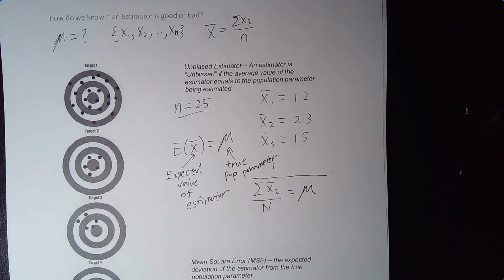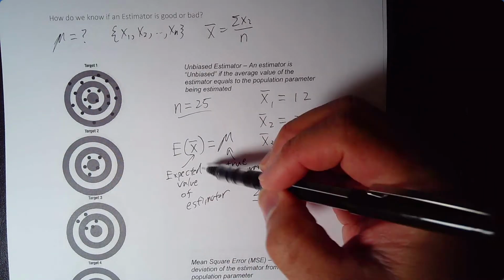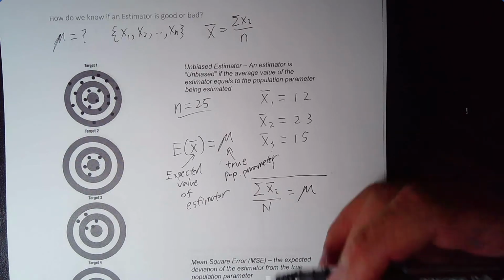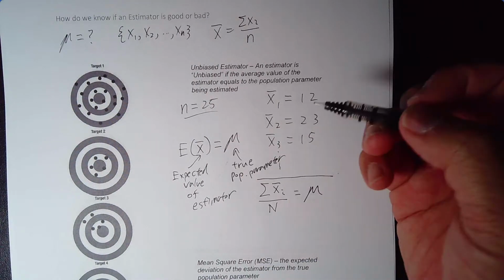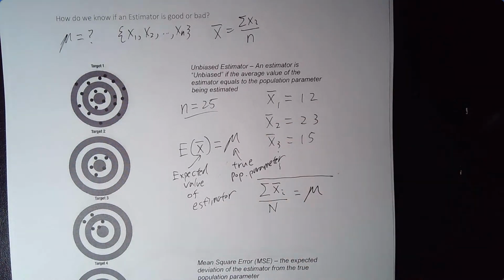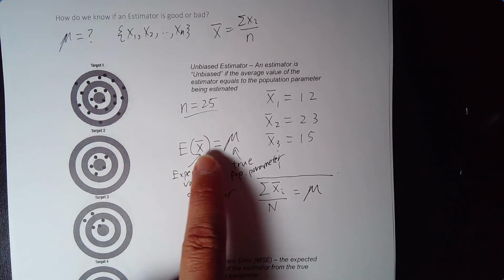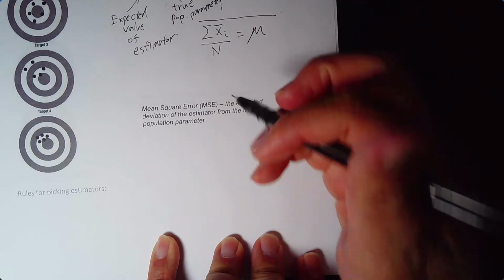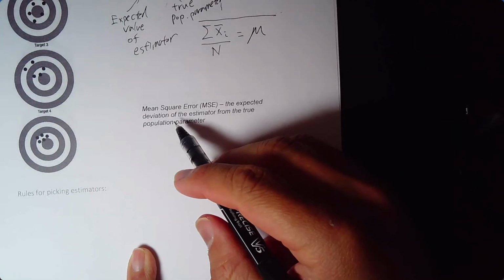If you move on to higher-level probability courses, you will actually prove this mathematically. But for now, we can just take this as given. We can accept the fact that x bar is unbiased, and you just have to know the definition of being unbiased.